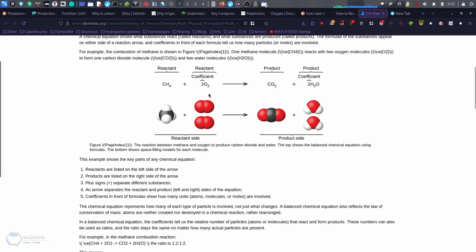Alright. The chemical equation represents how many of each type of particle is involved, not just what changes. A balanced chemical equation also reflects the law of conservation of mass. Atoms are neither created nor destroyed in a chemical reaction, rather they are rearranged.